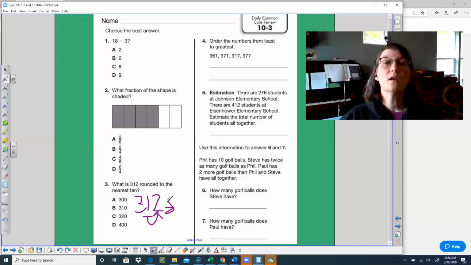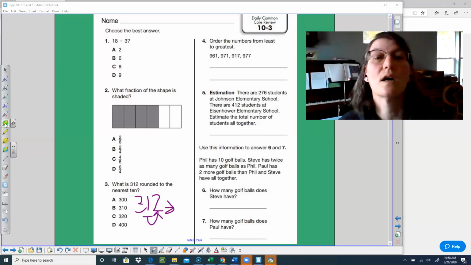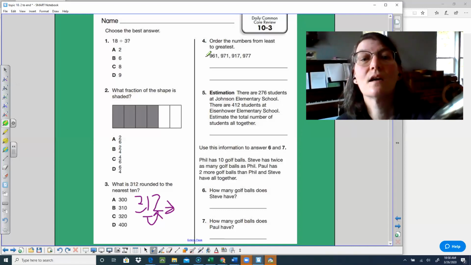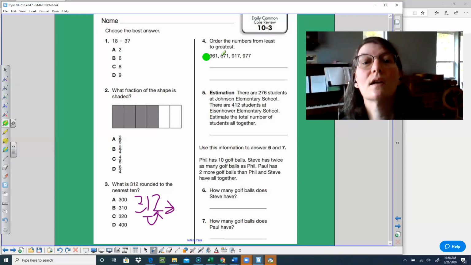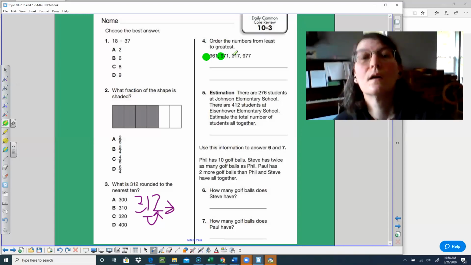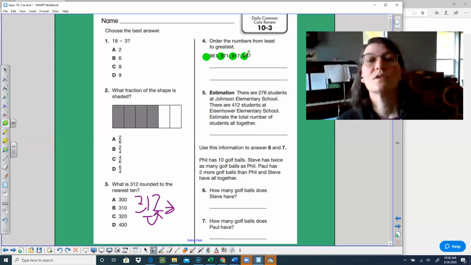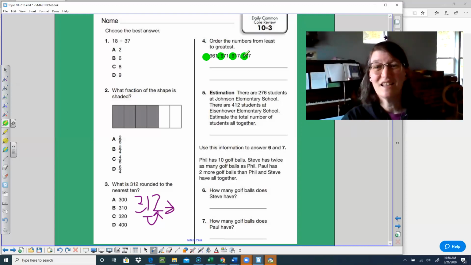Okay, our next one, we will be ordering the numbers from least to greatest. One thing I hope you notice is they all have a 9 in the hundreds place. So I am going to highlight that. Oopsie, thought I was going to highlight that. So since they all have a 9 in the hundreds place, I need to go next door and look at the tens place.